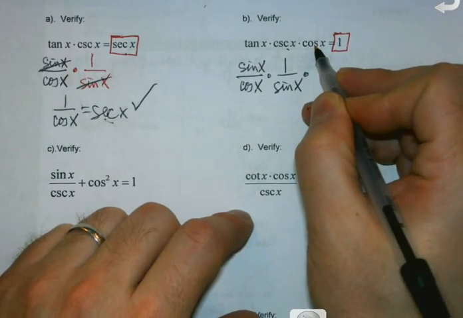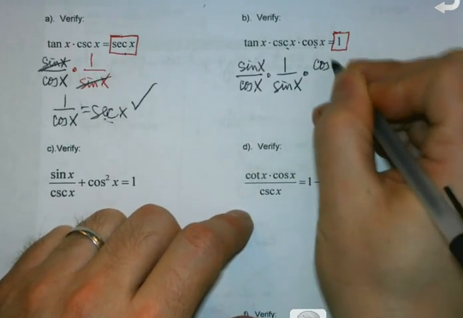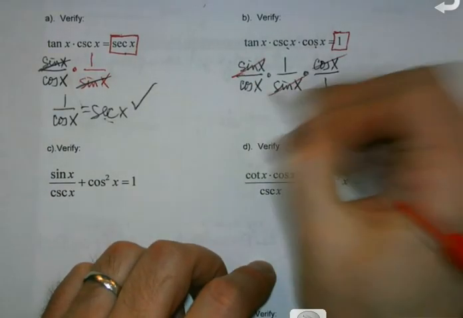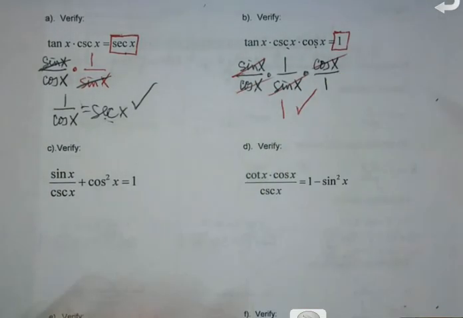Leave it alone. If something is already sine or cosine, don't touch it right away, because usually it takes care of itself. And what ends up happening? Everything cancels, because those cancel. I'm left with 1 and I'm done. 1 over 1 equals 1. It's true. So this is really like taking some puzzle pieces and playing with them.